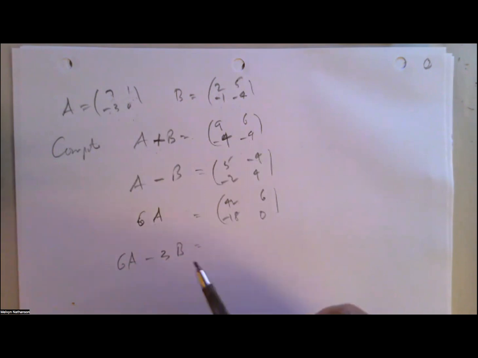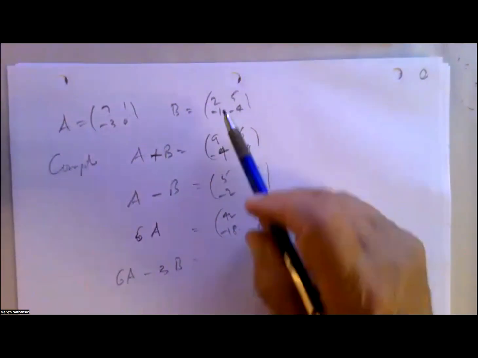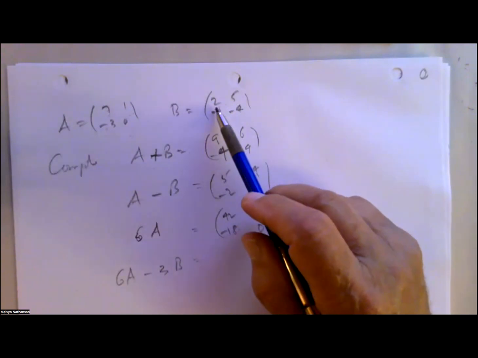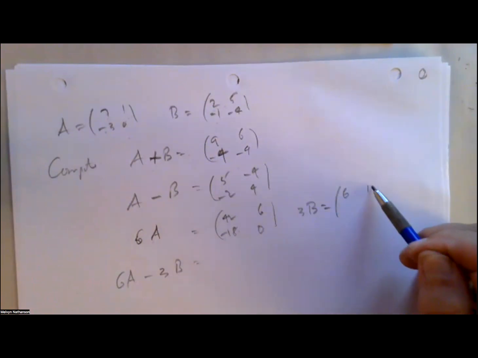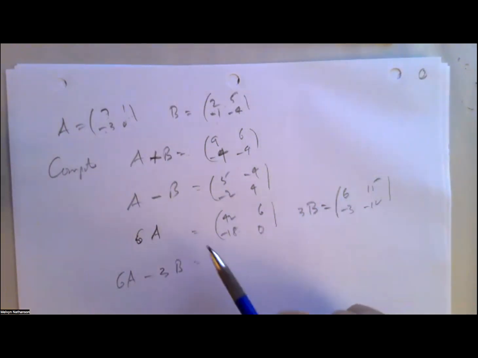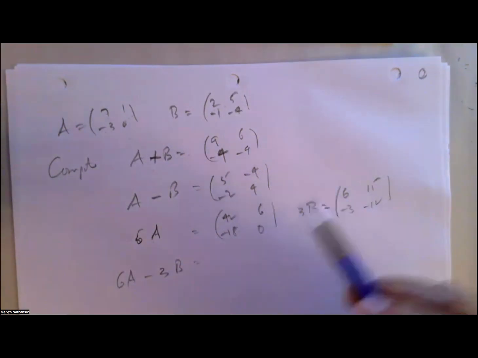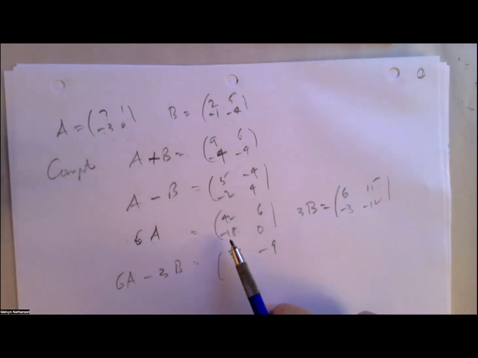Okay. What's 6A minus 3B? This is 6A. What is 3B? 3B, if I multiply this matrix by 3, that means multiply every coordinate by 3. I get 6, 15, minus 3, minus 12. 6A minus 3B: 42 minus 6 is 36. 6 minus 15 is minus 9.